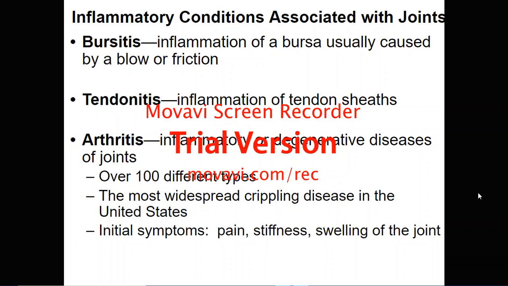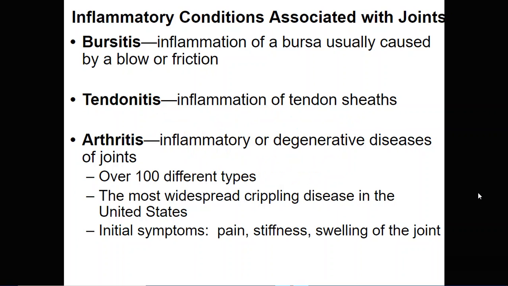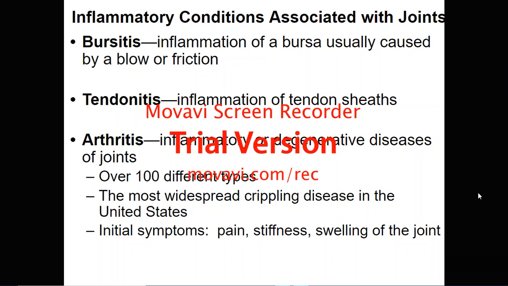Tendinitis is inflammation of the tendon sheaths, and that's typically caused by overuse. Again, symptoms could be pain and swelling, and treatment a lot of times is rest and ice, and also anti-inflammatory drugs if necessary. All right, arthritis is an inflammatory degenerative disease of the joints.